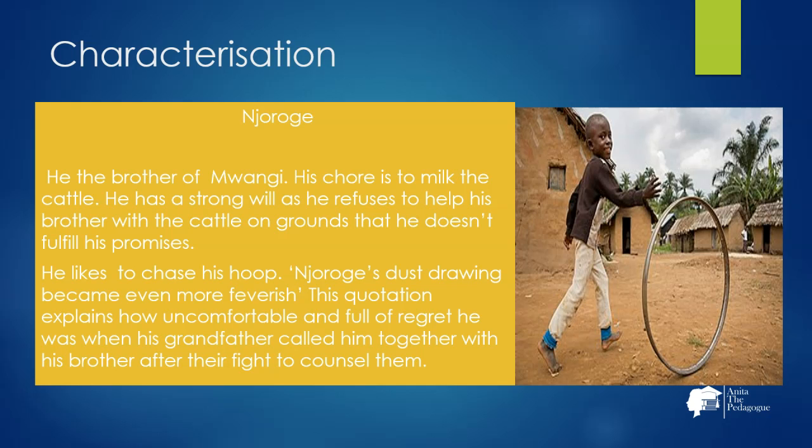Again, Njoroge's dash drawing became even more feverish. This quotation explains how uncomfortable and full of regret he was when his grandfather called him together with his brother after their fight to counsel them, as he told them the story of the old man with his 7 sons.